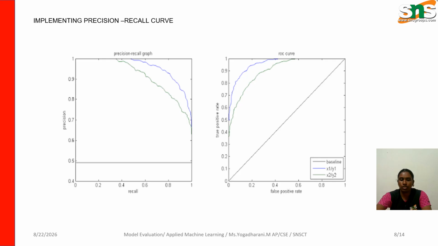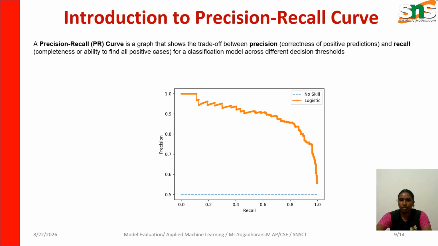This shows the general process of how a dataset is used to train a classification model, which then generates prediction scores, and then we calculate precision and recall and plot the PR curve, that is, the precision recall curve. A precision recall curve is a graph that shows the relationship between precision and recall at different classification thresholds.